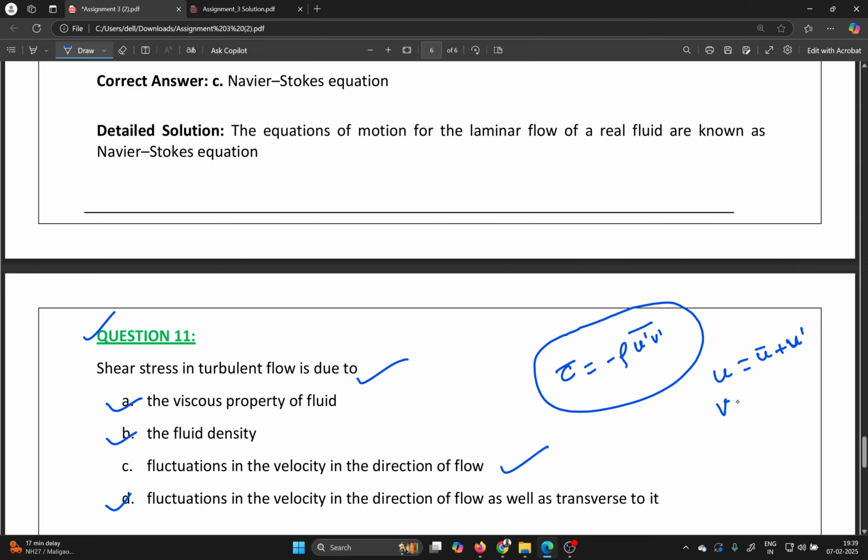Similarly, in the lateral direction your velocity is V average and V dash. In the vertical direction also your velocity is W average plus W dash. Remember please, it is related like that.